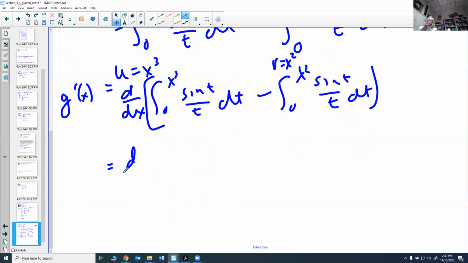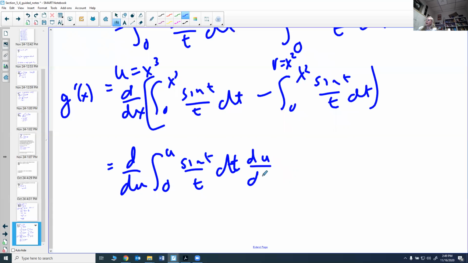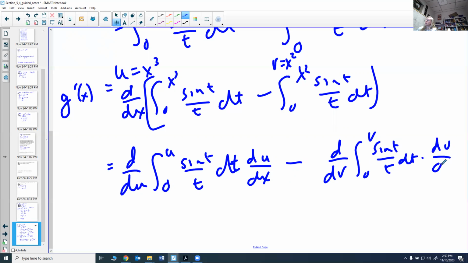Then this becomes the derivative with respect to u of the integral from 0 to u of sine of t over t dt, times the derivative of u with respect to x, minus the derivative with respect to v of the integral from 0 to v of sine of t over t dt, times the derivative of v with respect to x.